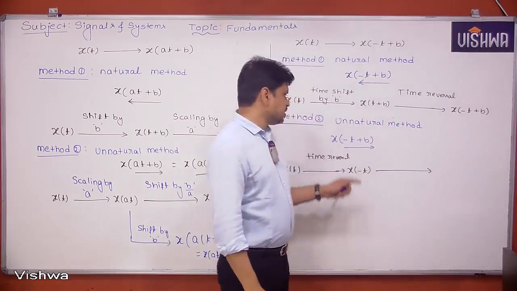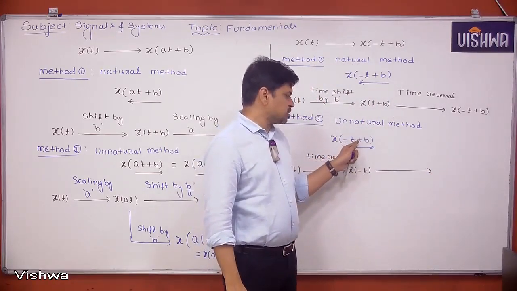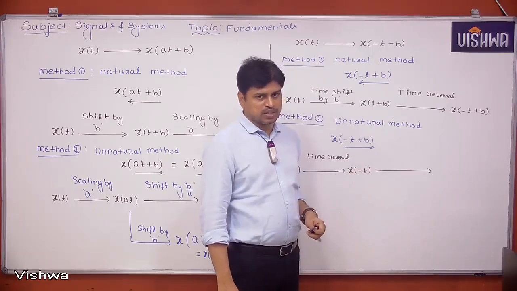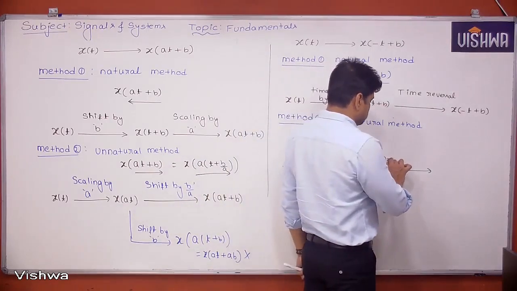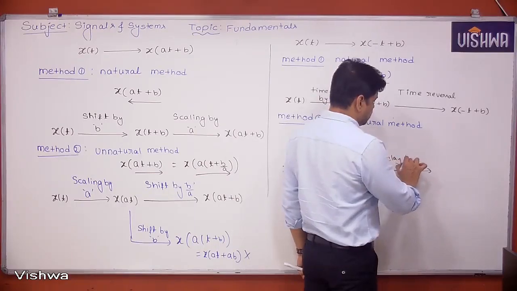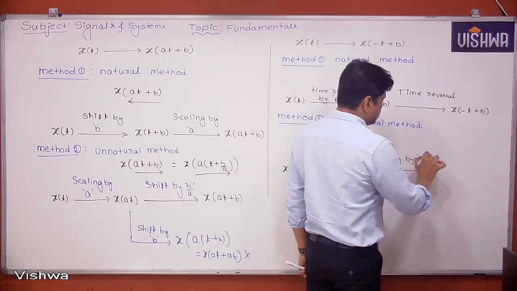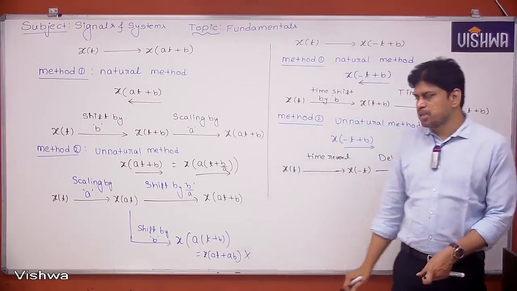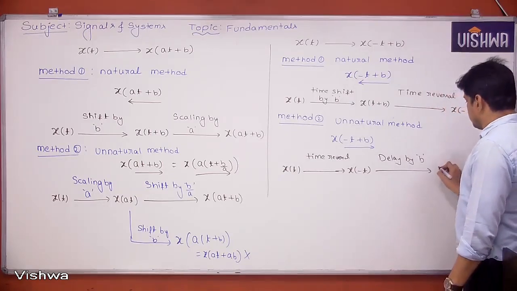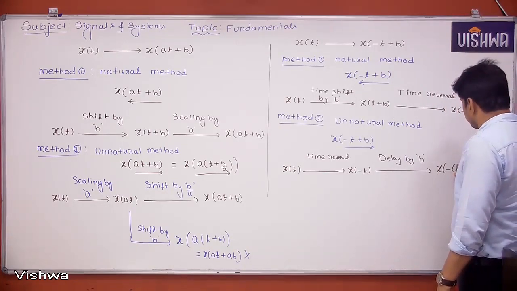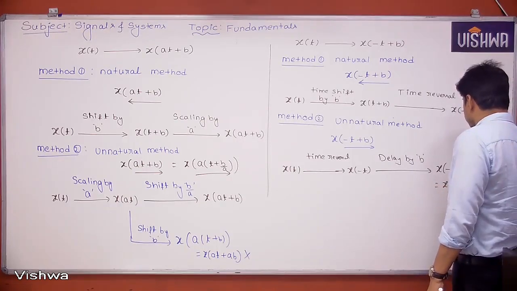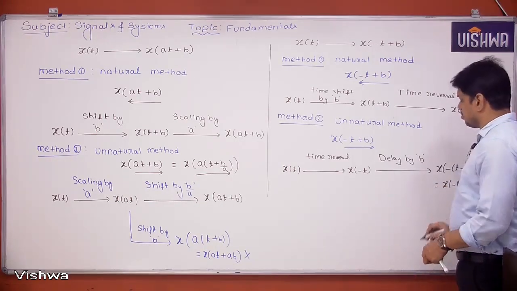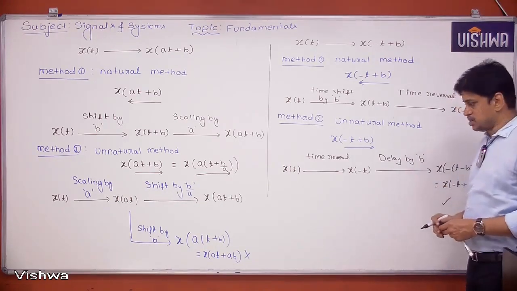Many people think that since it looks like plus, we have to do the advance. No, we have to do the delay by b units. Delay by b means t has to be replaced with t minus b, then x of t minus b. Finally, this is x of minus t plus b. Yes, that is the correct answer.